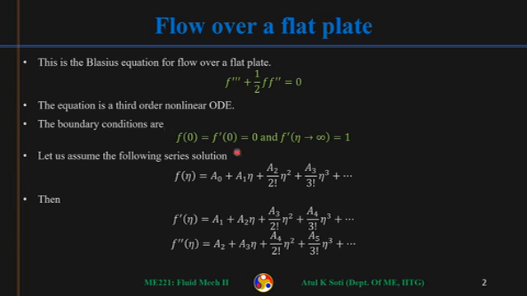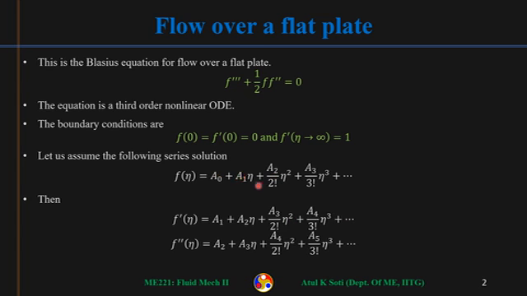So first let us look at the boundary conditions. f at eta is equal to 0 should be 0. So f at eta 0 is a0, and f prime at 0, so we can find out f prime also. We can differentiate it once. So this will be f prime of eta. Okay, a0 will go away.